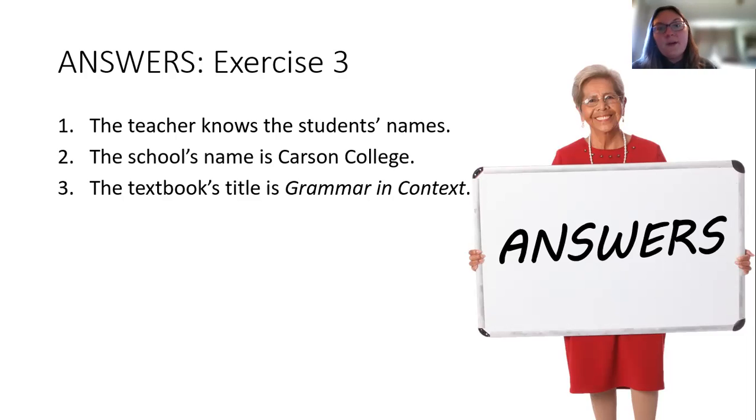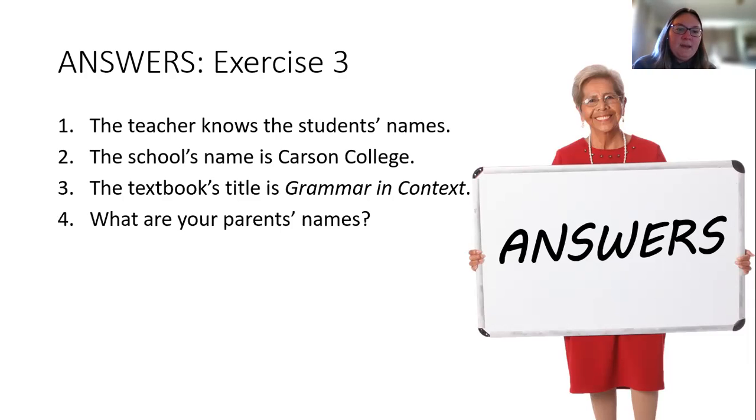And then we just add on the rest of the sentence, is Grammar in Context. Are you seeing how this is done? Taking a look at number 4, before I put the answer, do you see the names of your parents? What ownership should that be?